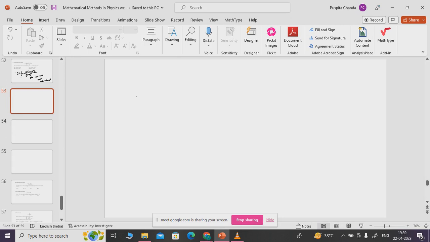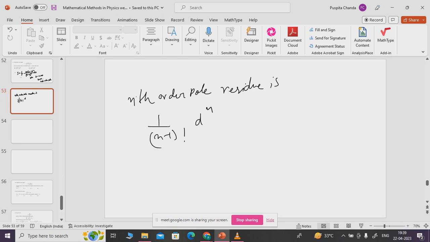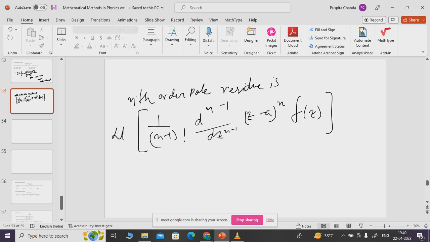So for the third order pole, the residue is, for nth order pole, residue is 1 by n minus 1 factorial d to the n minus 1 over dz to the n minus 1 of z minus a to the power n times f of z, limit z tends to a.